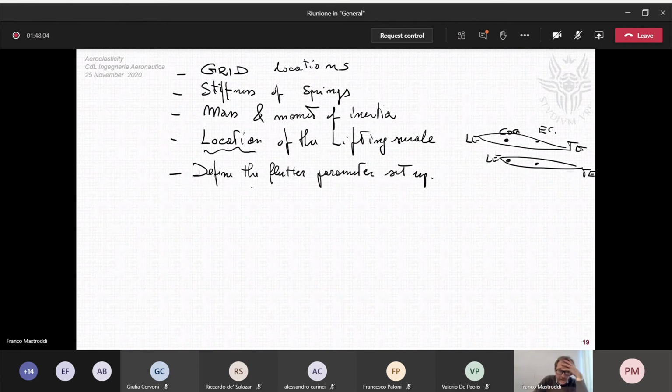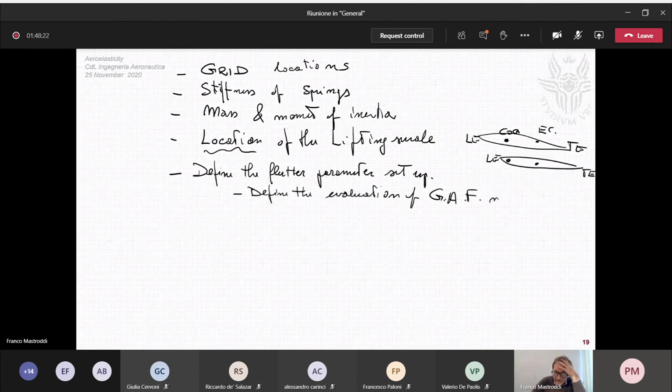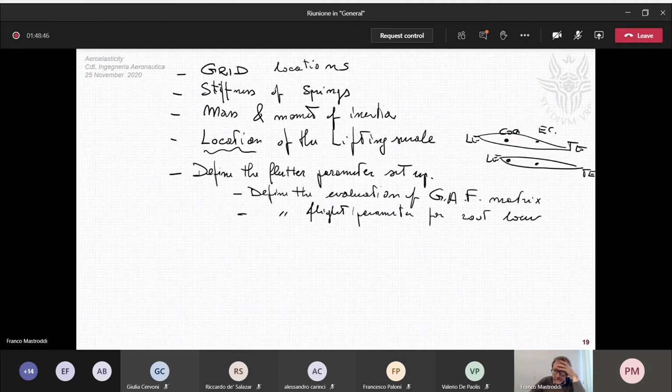In particular, define the evaluation of aerodynamic matrices, GAF matrices, and define flight parameters for the locus.